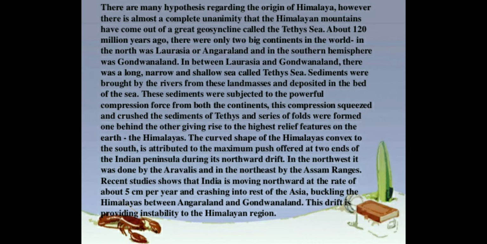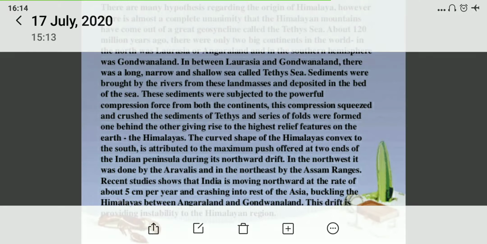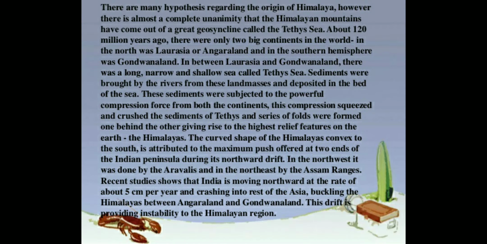And as a result, what actually happened? Sediments were brought by the rivers, and so compressed. These sediments were subjected to the powerful compression force from both sides of the continent. You understand it? Both the sides had continents, and they pressurized the sediments. Is that clear to you?